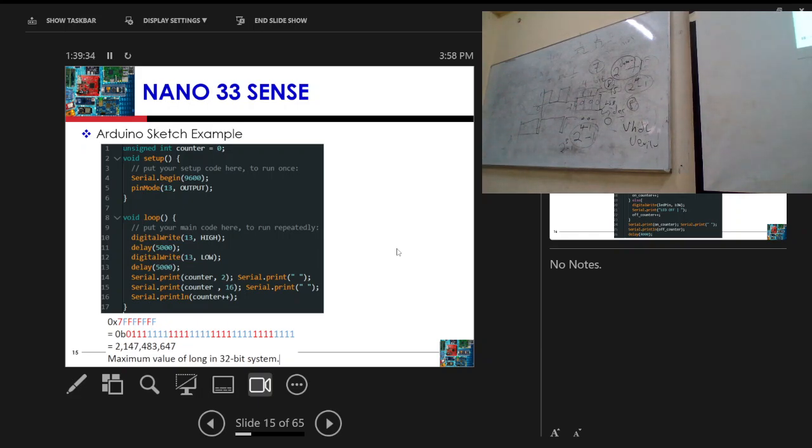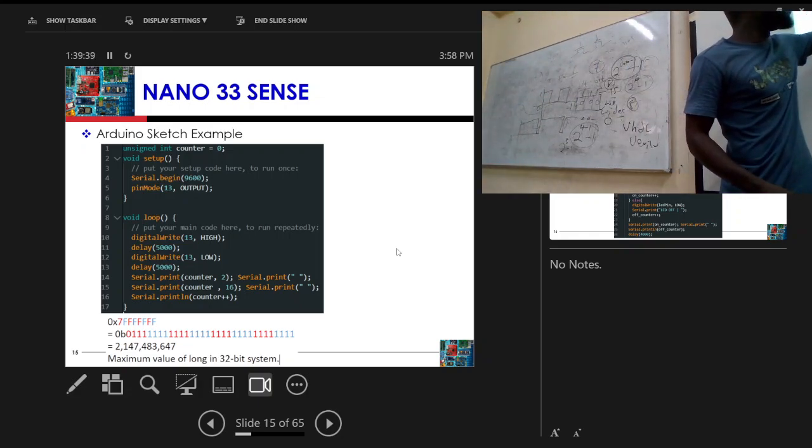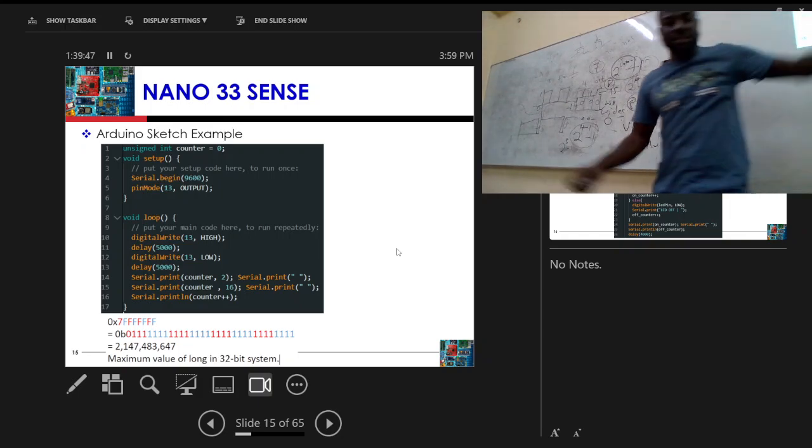I said that I print the counter value in binary, then I do another Serial.print here. So what am I printing?